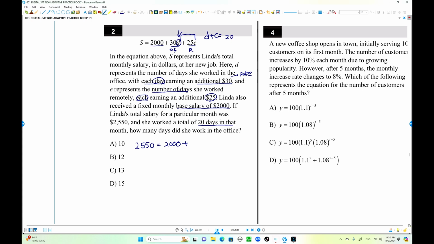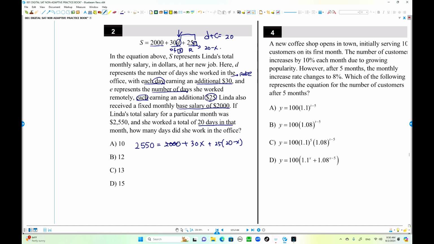Okay, so I'm going to let this one be X. The other number, E, is what? 20 minus X. The total number of days is 20. So 30 times, I'm going to still use D, okay, X, it doesn't matter, plus 25 times 20 minus X, right? That equals 2550.